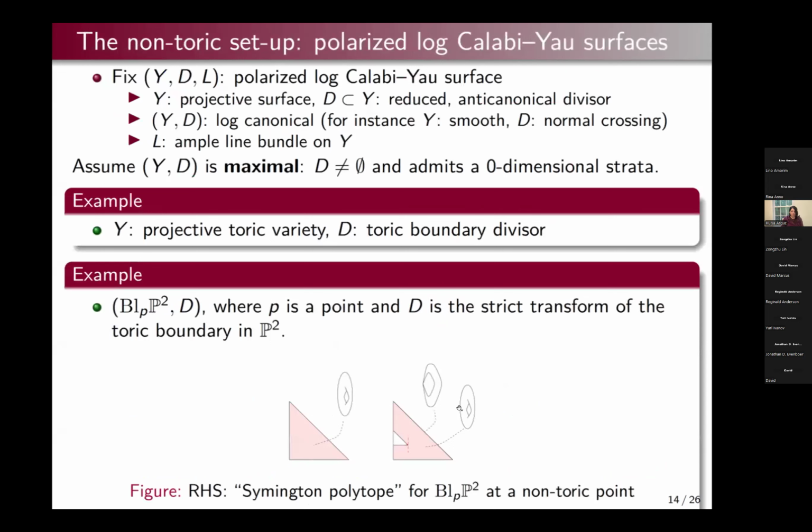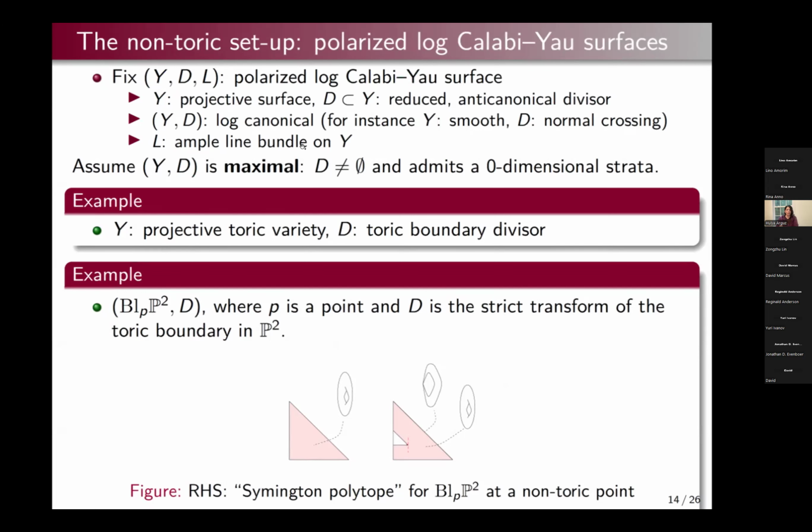So now in the non-toric setup, we do not have the data of a polytope nor a secondary fan, but our goal is to describe the Mori fan and to show that this will give a toric variety, which will be the KSBA moduli space. So in the non-toric setup, the definition of the KSBA moduli space goes as follows.